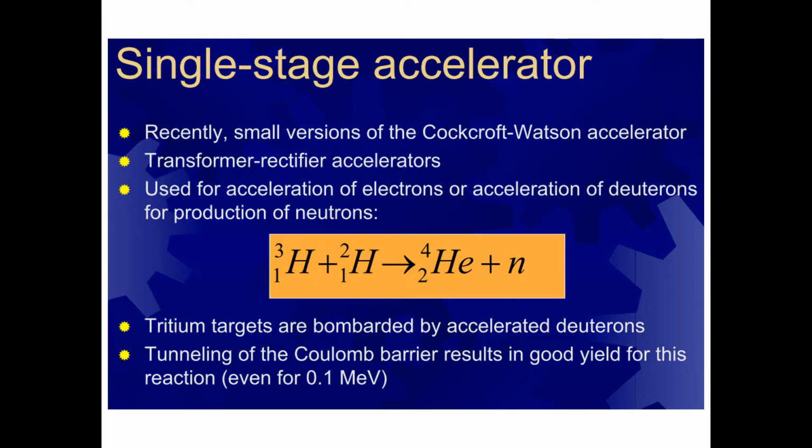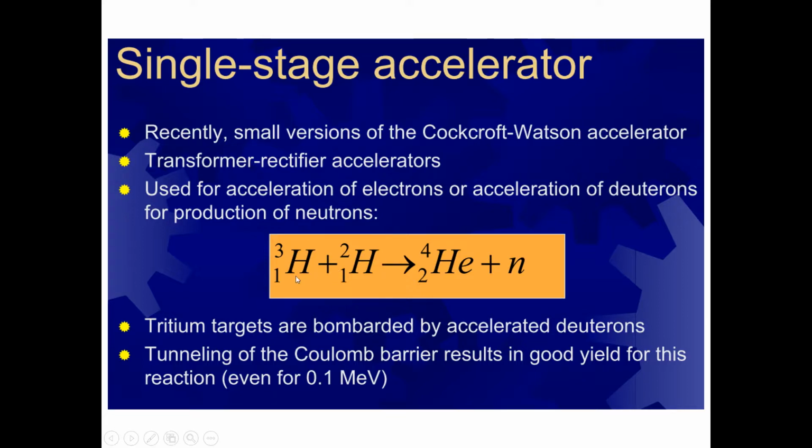Single stage accelerators, which are recently employed, consist of small versions of the Cockcroft-Walton accelerators and transformer rectifier accelerators. These are the two basic kinds of accelerator which have been used for acceleration of electrons or acceleration of deuterons for the production of neutrons.